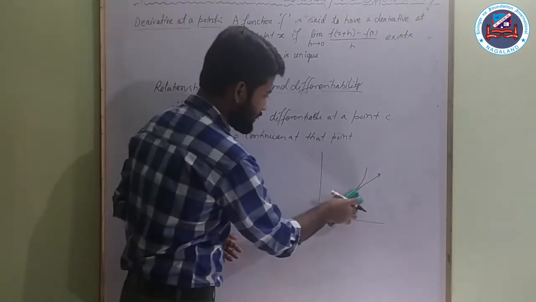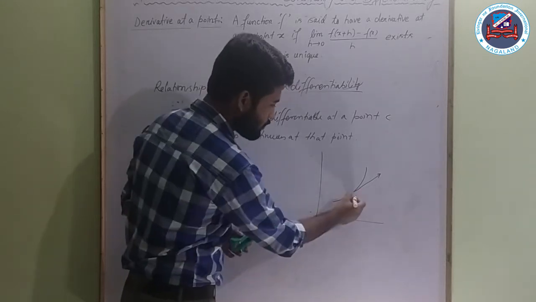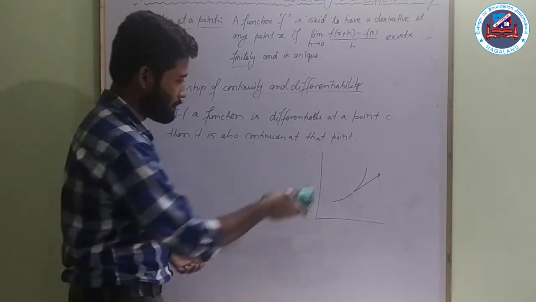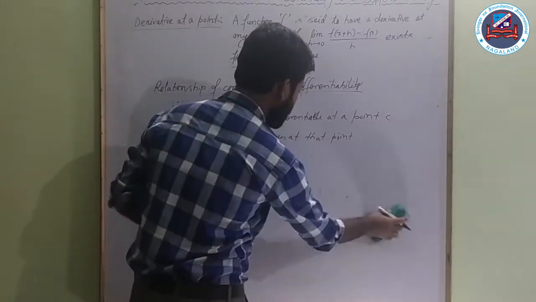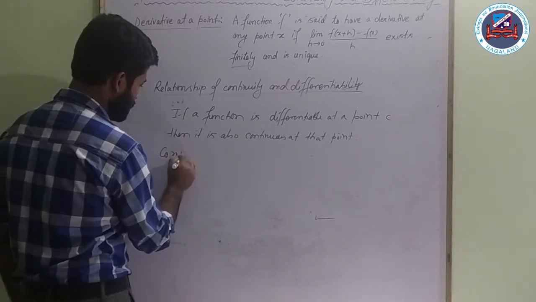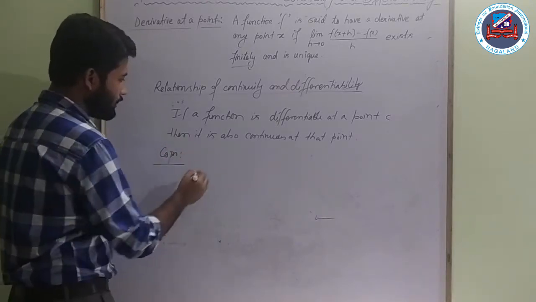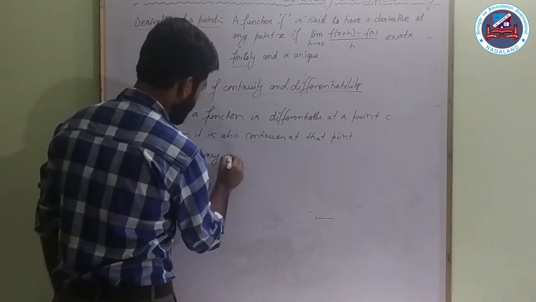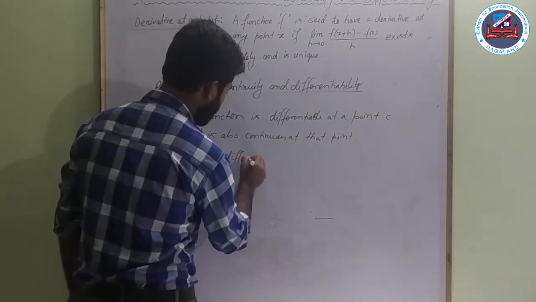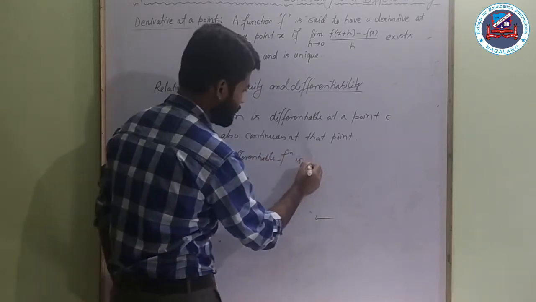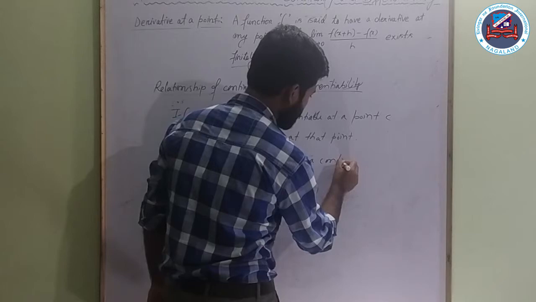Suppose there is a break here. Can we draw a tangent at this point? No. So this theorem just explains this part. From this we can write a corollary that every differentiable function is a continuous function.